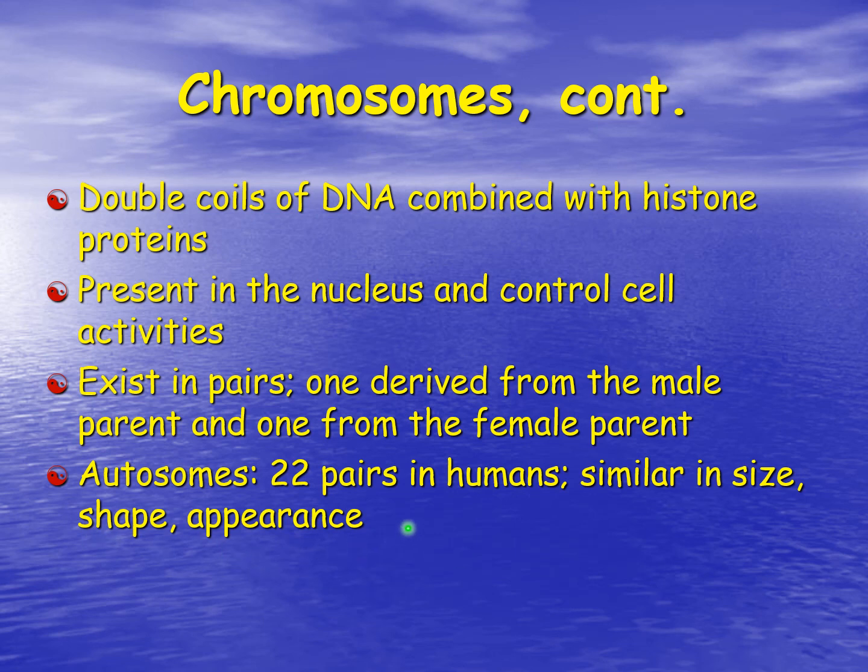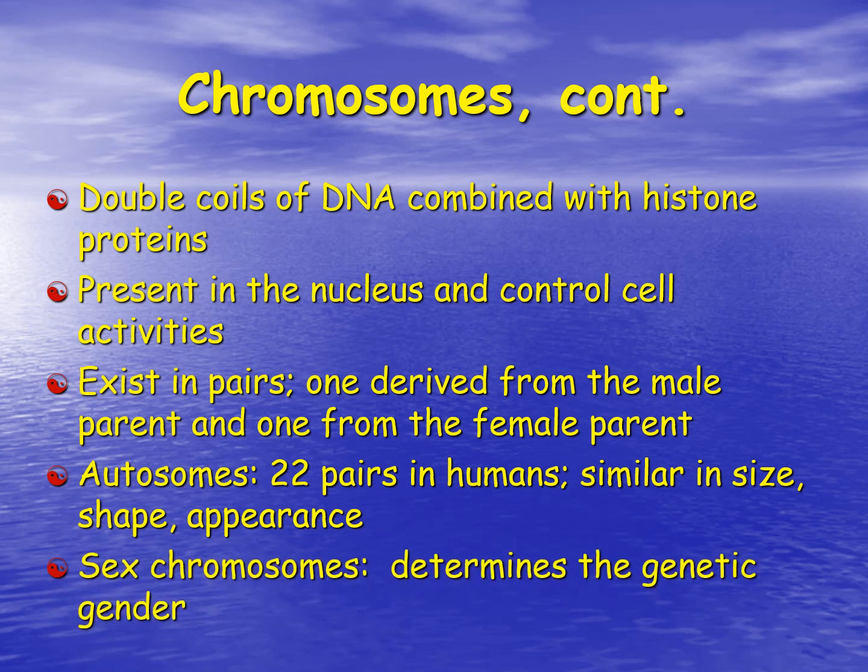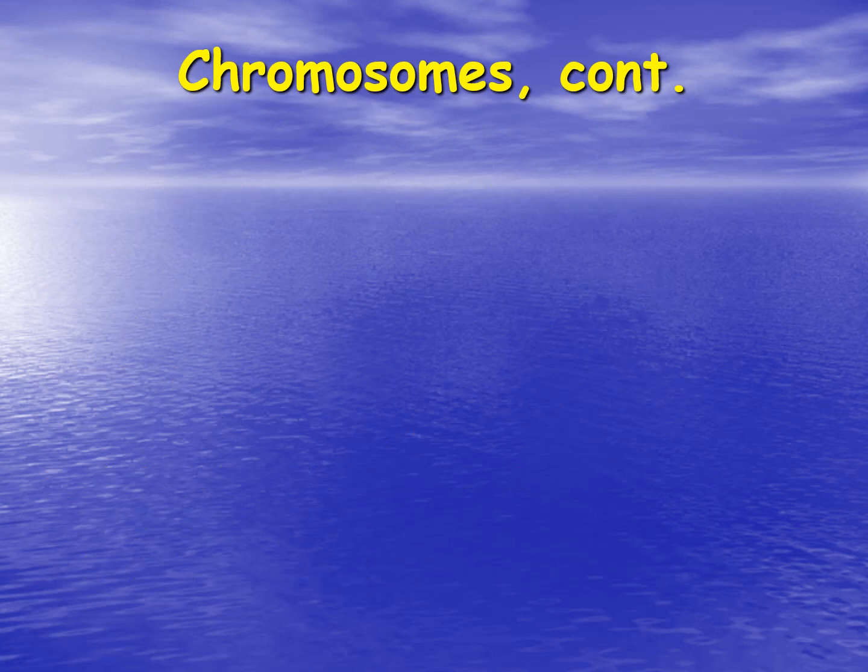Chromosome pair number 1 is the longest, chromosome pair number 22 is the shortest, and these will code for all of the characteristics except for gender. The sex chromosomes, pair 23 in humans, determine the genetic gender of the individual. The X chromosome does carry around 1,000 genes that code for other things, but the XX and XY is what will determine genetic gender.